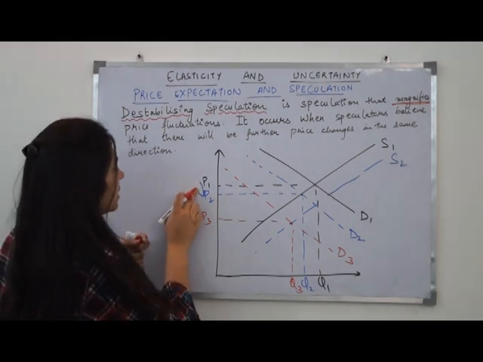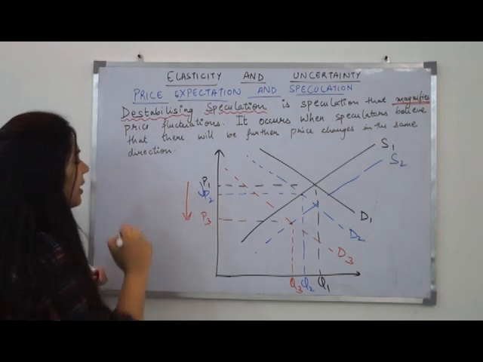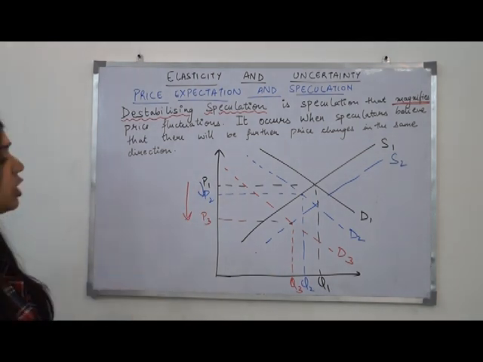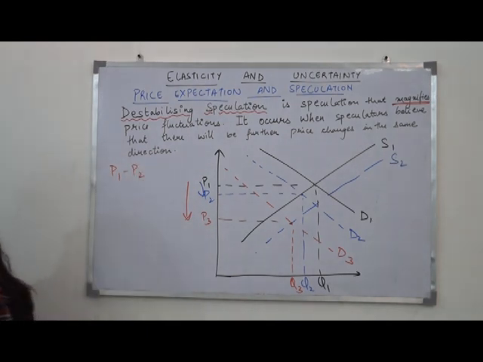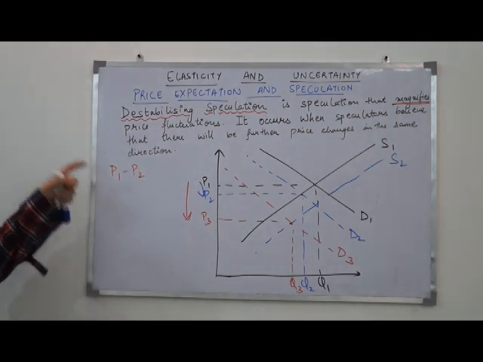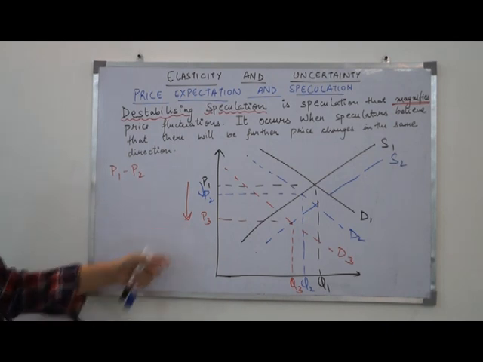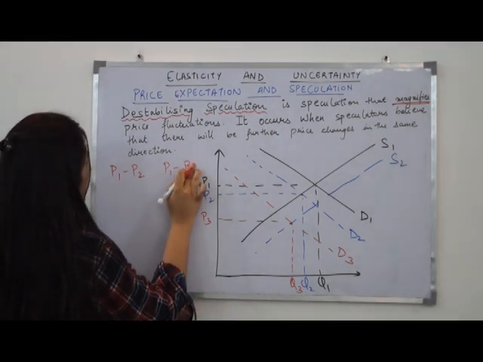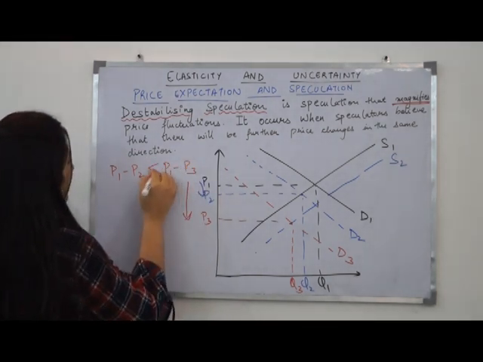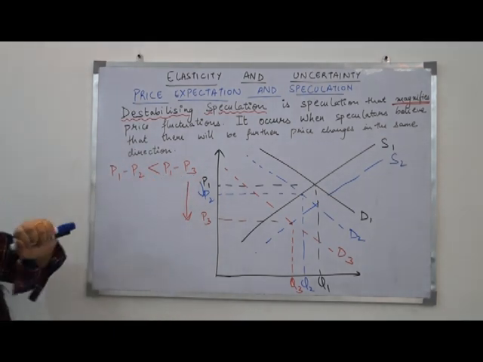We were expecting a change of this much, but the actual change that occurred is P1 minus P3. So P1 minus P2 would have been the change in the price if there was no speculation, but because of destabilizing speculation, we have a larger change in the price, which is P1 minus P3. We can see very well that P1 minus P3 is bigger than P1 minus P2.